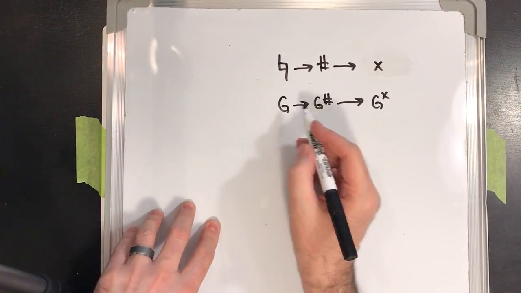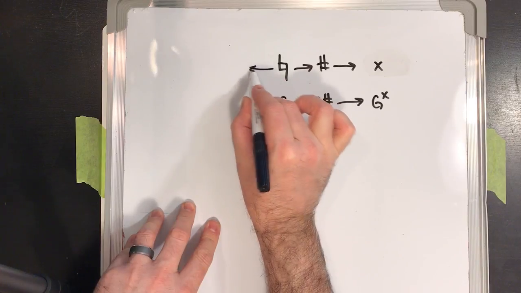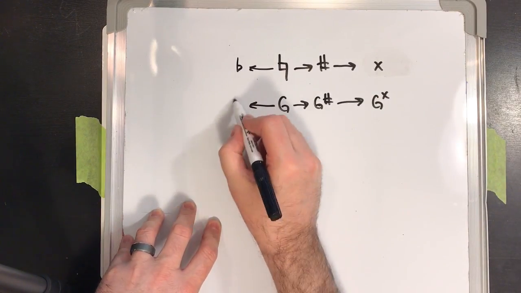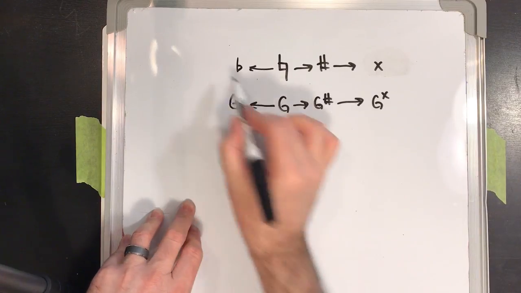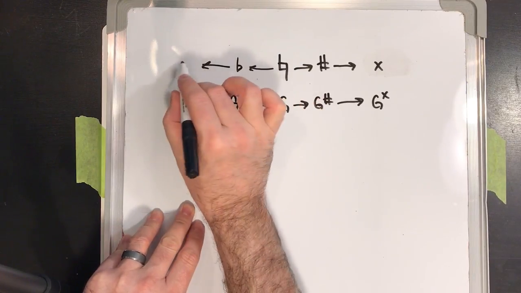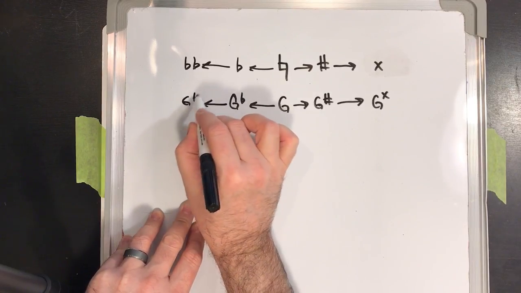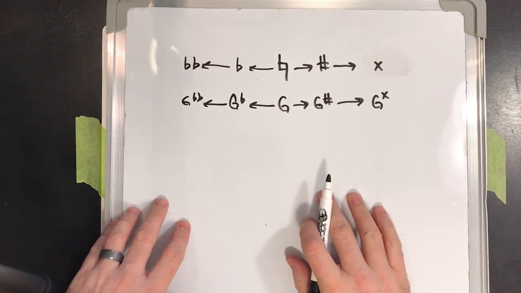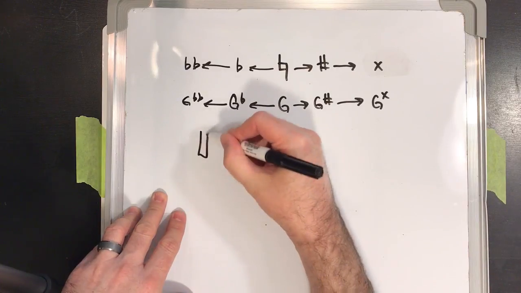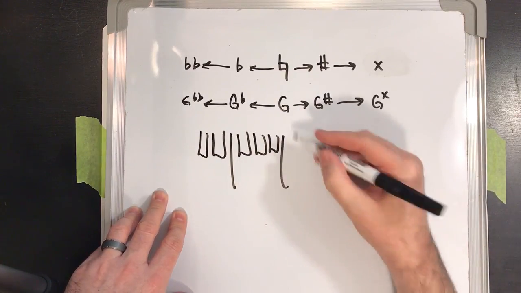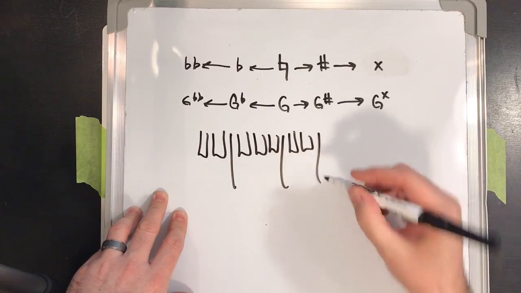It's an X. And same with flats. If we go down a step, we can make what's called a flat. So there's G flat. And we can go down a step even further to a double flat, which we just draw like this.